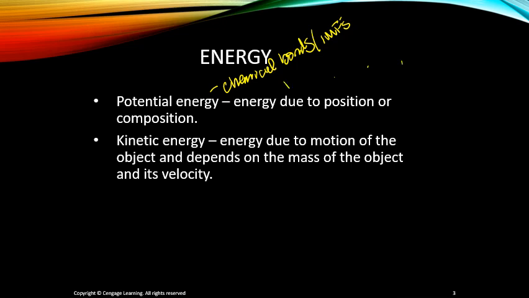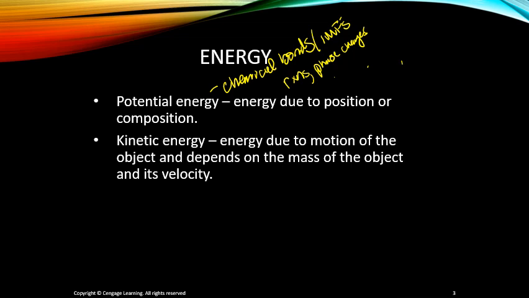Main places that you will see this will be your chemical reactions and your phase changes. So when we're looking at the IMFs, remember, to go from a solid to a liquid, liquid to a gas, we need to overcome all those different forces of attraction that are holding the molecules together. That would represent your IMFs.